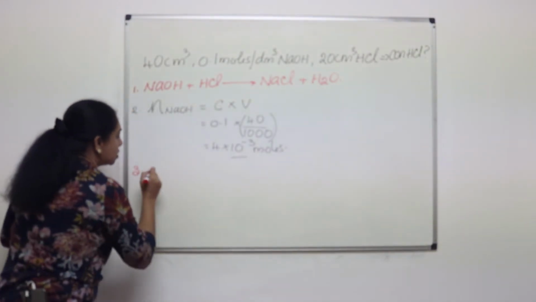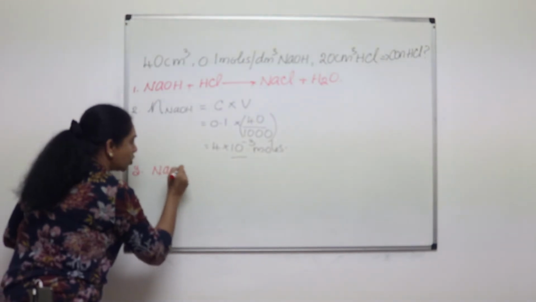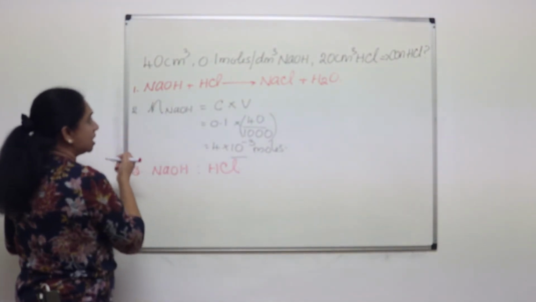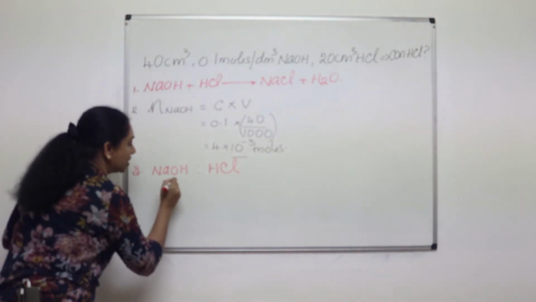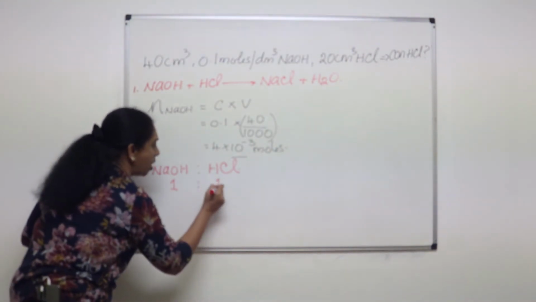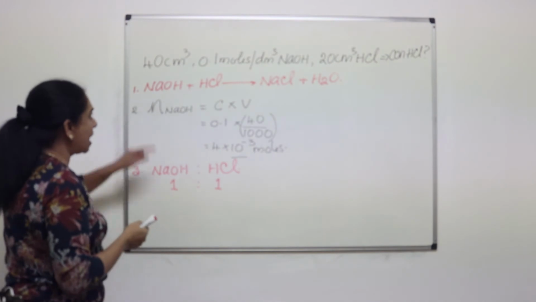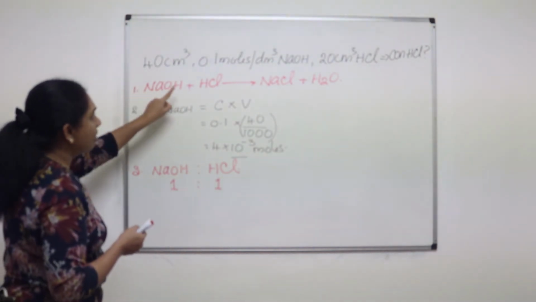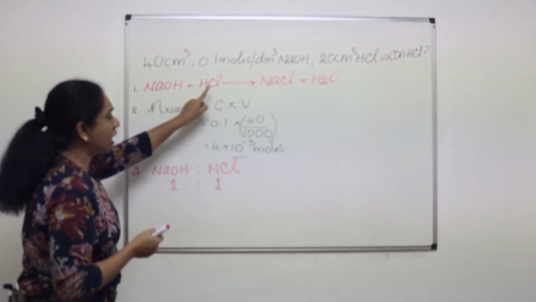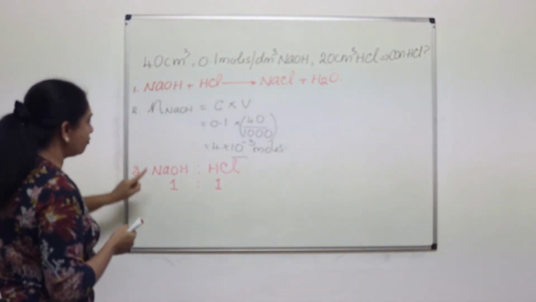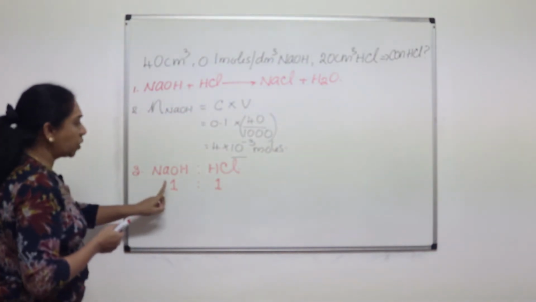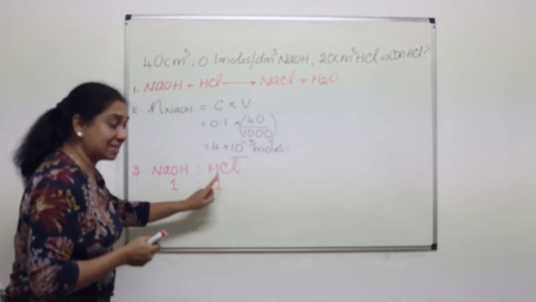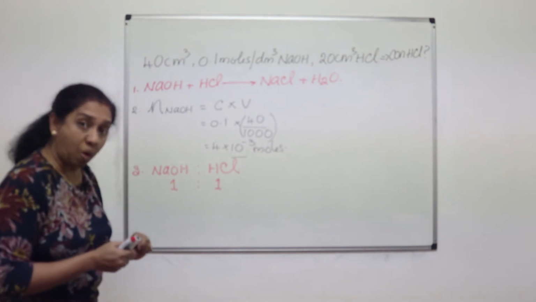Sodium hydroxide to hydrochloric acid according to the equation is 1 to 1 mole. You can have a look here. There is 1 mole of sodium hydroxide reacting with 1 mole of hydrochloric acid.